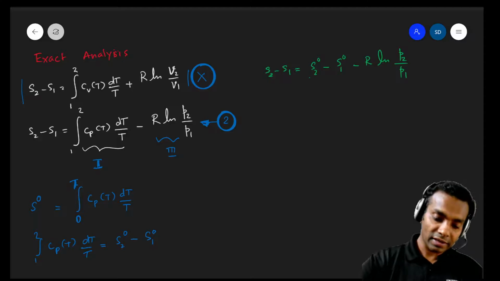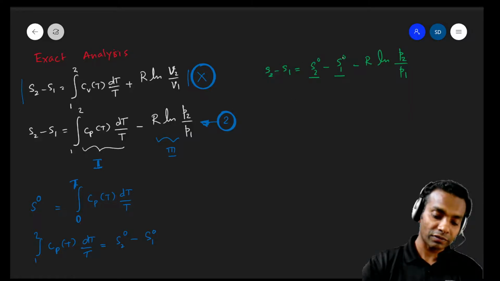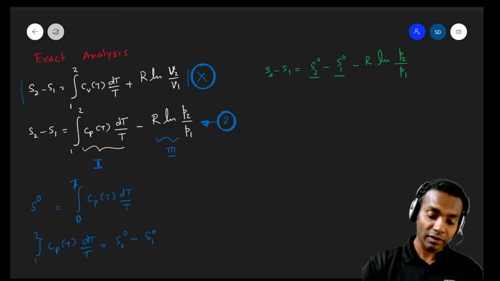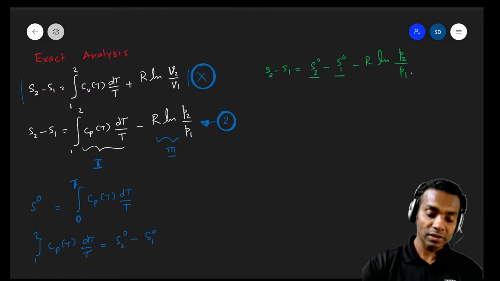Now, what are S1 naught and S2 naught? These are tabulated for you. In any textbook, you can find these values for any type of ideal gas. When you know the temperature of the gas, you can find S1 naught and S2 naught. Then, when you know the pressures, you can find the entropy change.